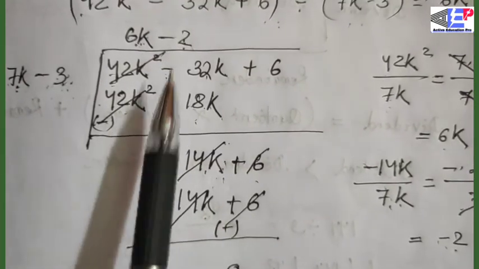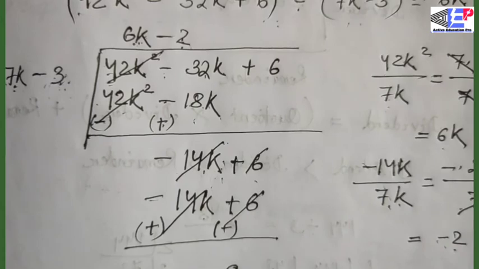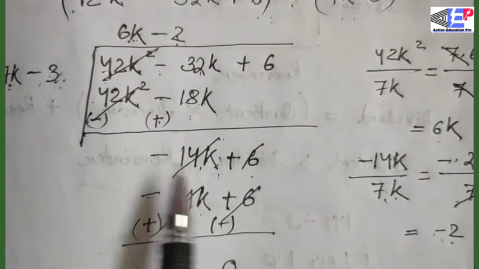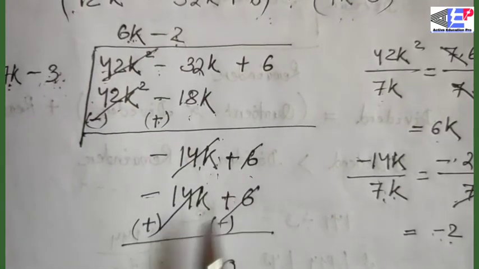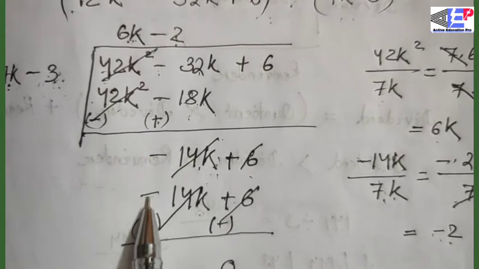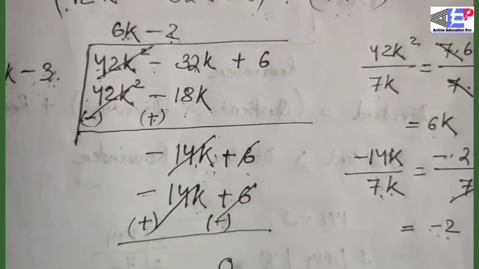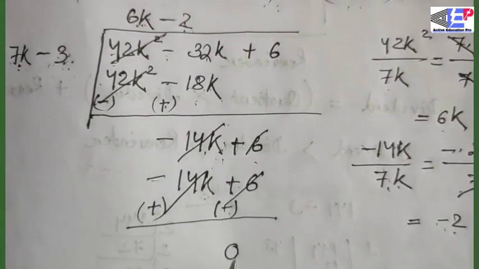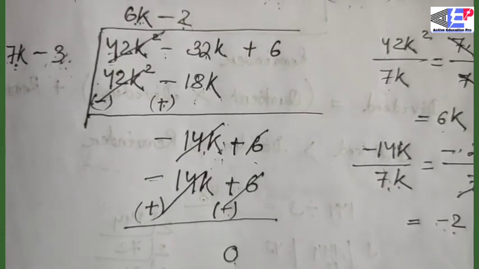Write minus 2 at the quotient place, then multiply each term by minus 2. 7k into minus 2 will become minus 14k, minus 3 into minus 2 will become plus 6. Then subtract it. At the time of subtraction, change the sign. Minus will become plus, plus will become minus. Then your answer will be 0. Your quotient is 6k minus 2 and the remainder is 0. Remainder 0 means it is completely divisible.